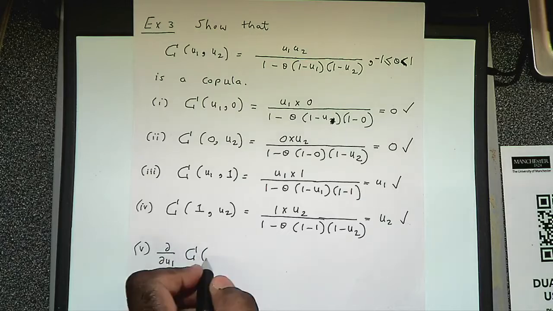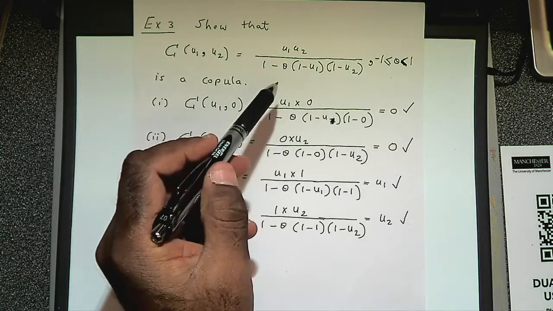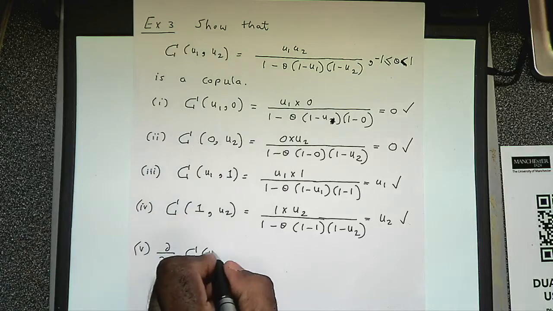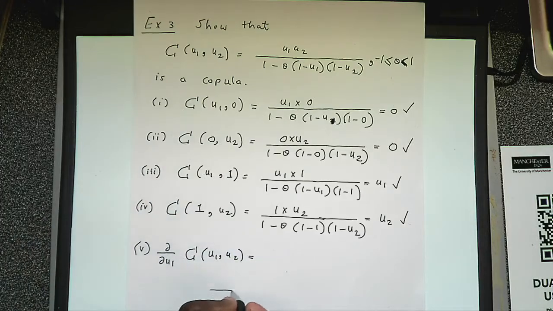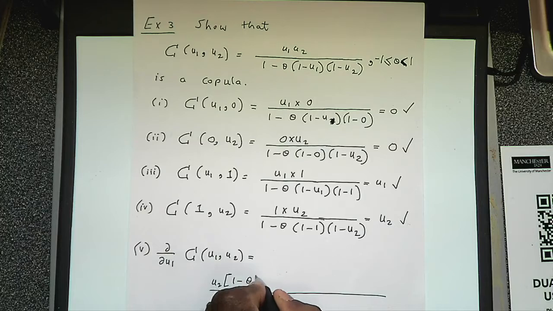because you can use the quotient rule. I'm sure you guys know the quotient rule for differentiation, because you have a quotient of two functions, so if you use the quotient rule, this is what you will get. Correct me if I'm wrong. You get theta u2 times 1 minus, it's a little bit complicated, but I'm sure you know the math.